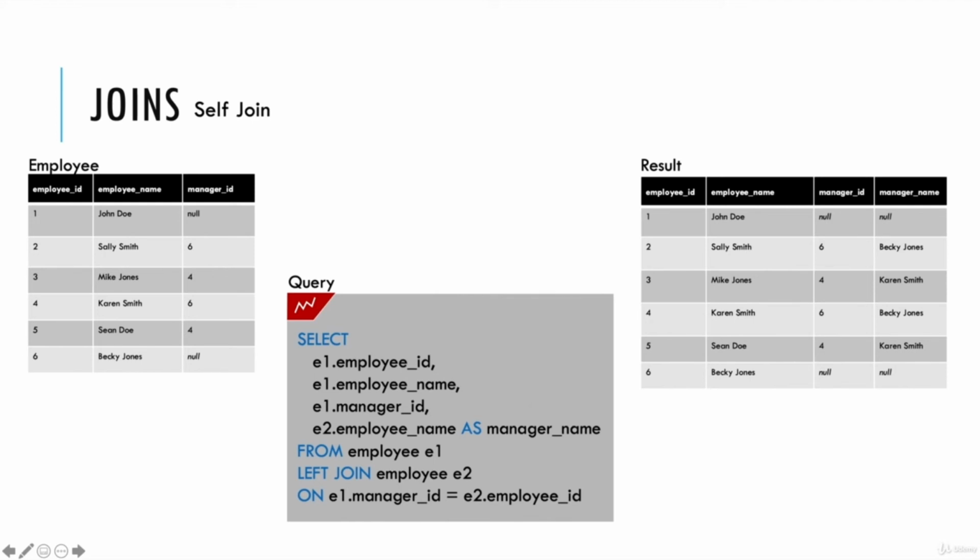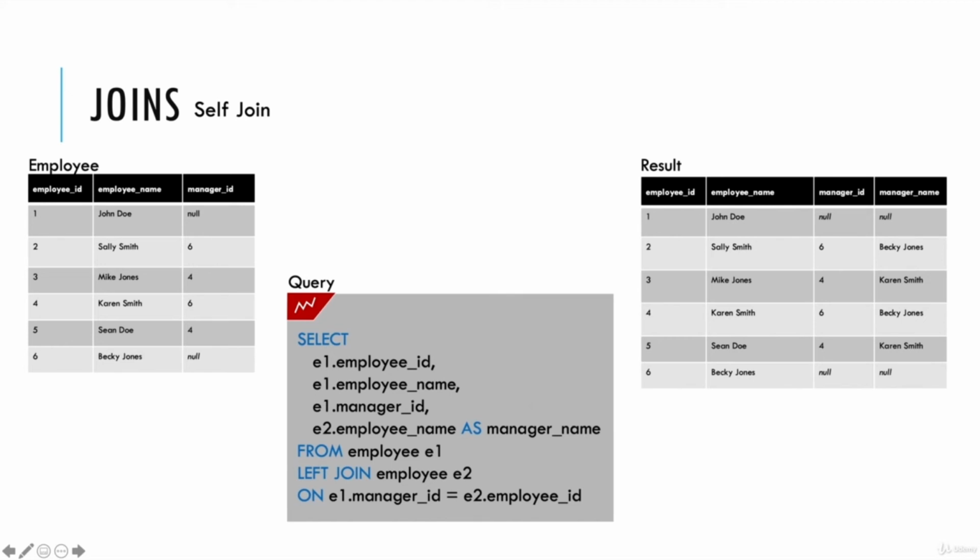So let's take a look at the result of this query. On the left, we have our result set. We have employee ID number 1, employee name John Doe, no manager ID, and no manager name. And that's exactly what we'd expect. In our employee table, John Doe doesn't have a manager, and we did a left join, so we still want John Doe's information to come back, knowing that the information from the right table won't exist. Now, let's take a look at Sally Smith, employee number 2.